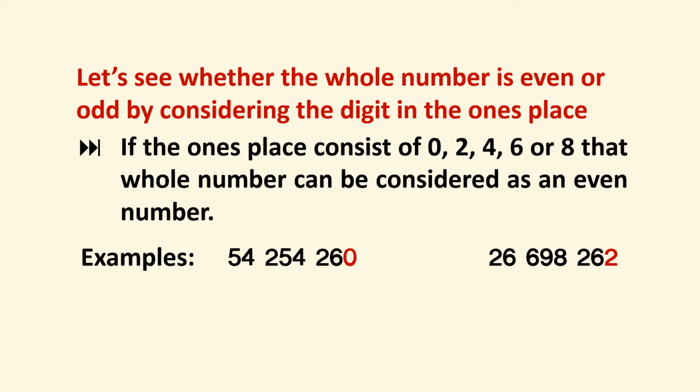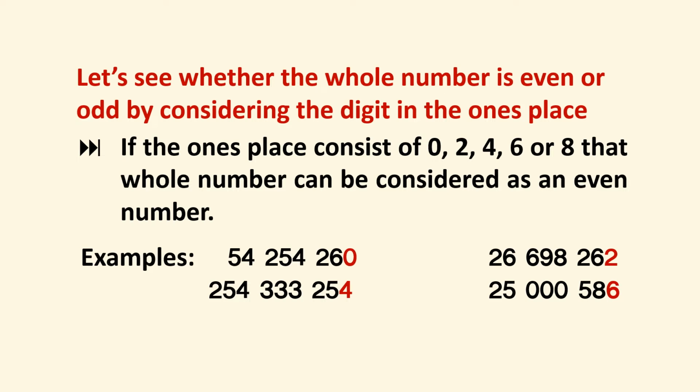Next we have got 26,698,262. Once again, the digit in the ones place is 2 and that is an even number. Therefore, we can say 26,698,262 is an even number.